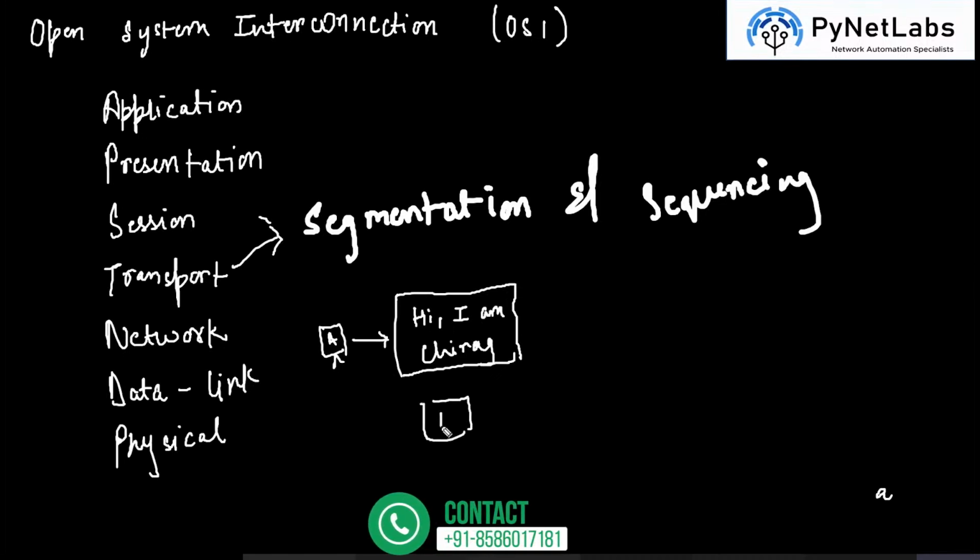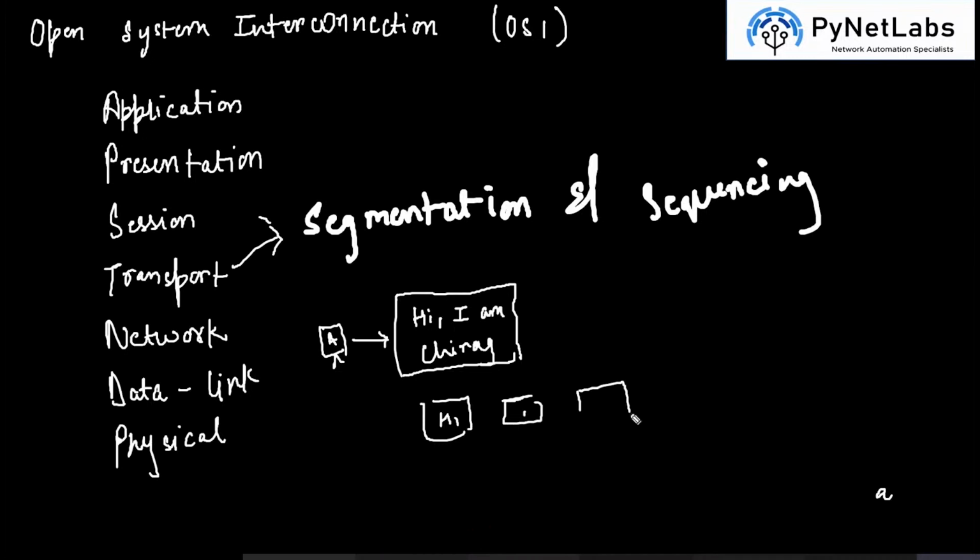So let's say the first part we have is "Hi", then we have the comma as a segment, then we have "I", then we have "am", and the last segment we have is "Chirag".